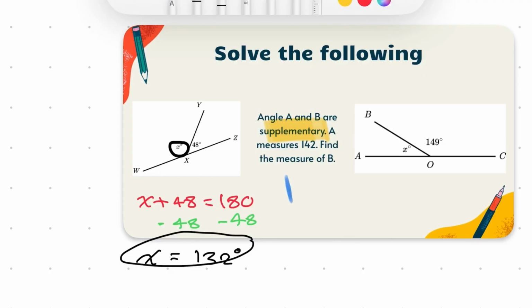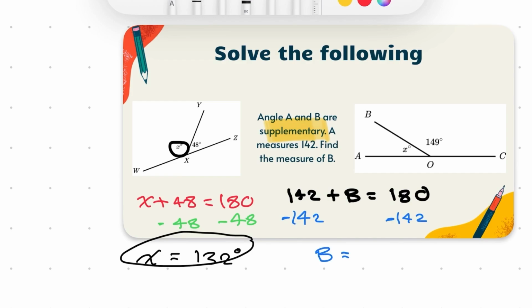So I can set up an equation knowing that A is 142 by stating that 142 plus B equals 180. And to solve this equation, simply subtract 142 from both sides, and you get that B is equal to 38 degrees.